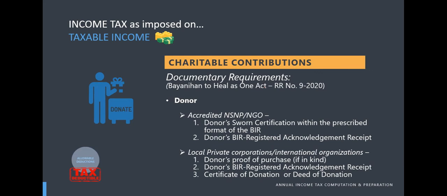If the donee or recipient is a local private corporation or international organization, the donor must obtain a proof of purchase if in kind, a BIR-registered acknowledgement receipt, and a certificate of donation or deed of donation.